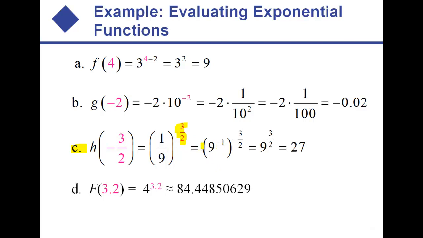This thing is 9 to the negative 1, this 1 over piece, and then a power to a power, you multiply those powers, and now you have 9 to the 3/2 power. Well, 3/2 power means you're taking a square root and then cubing it. So if you square root 9, you get 3, and then 3 cubed is 27. That's the easiest way to do that one. And then this last one is just raising something to a decimal, which requires you to use a calculator.